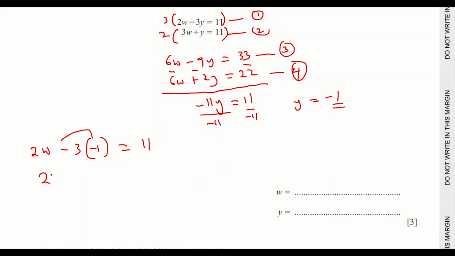That is, you have 2w plus 3 equals 11. Subtract 3 from both sides: 2w equals 11 minus 3, that will give us 8. Divide both sides by 2, so w equals 4. So w equals 4, y equals negative 1.